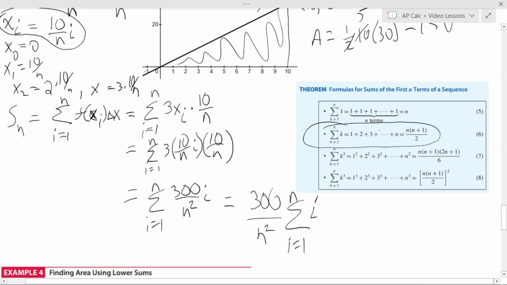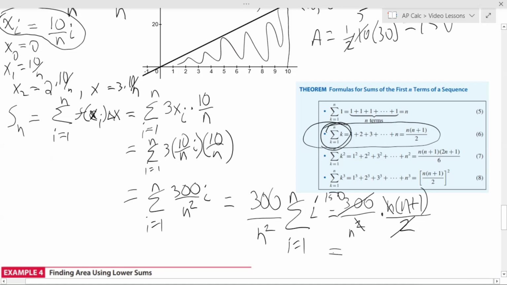They just use k for the formulas, but we used i for the index of summation here. So 300 over n squared times the sum formula for the sum of i, or the sum of k, which is n times n plus 1 over 2. Now we can do some canceling here because the n and the n squared can cancel, and the 300 and the 2 can cancel to 150.